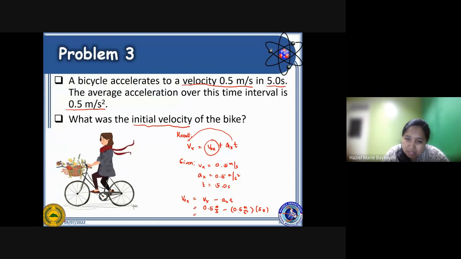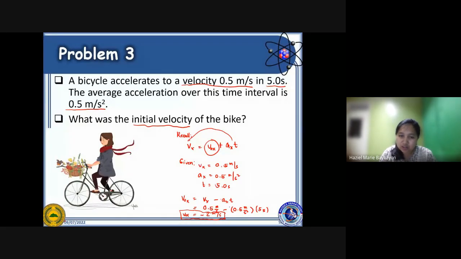So this one, negative 2. So it's negative 2 meters per second. So the initial velocity V naught x is negative 2 meters per second. Meaning to say, sa negative direction siya. 2 meters per second to the west.